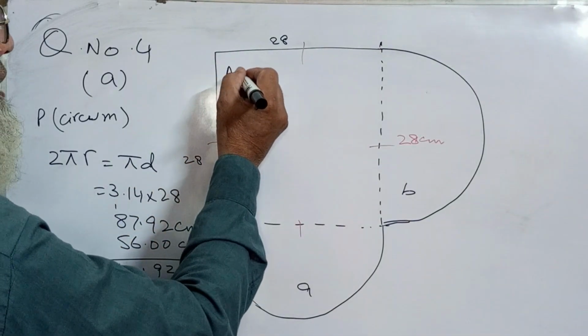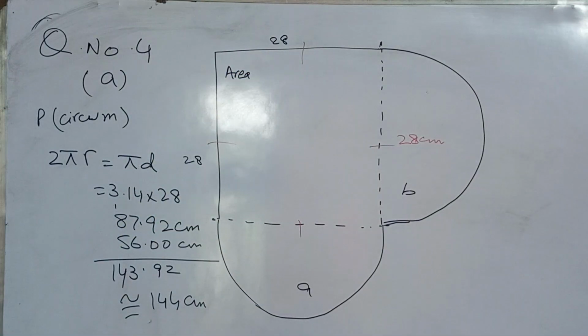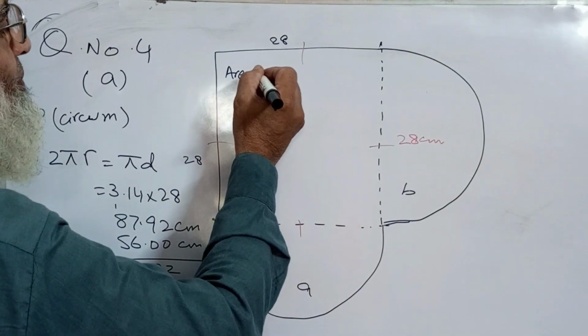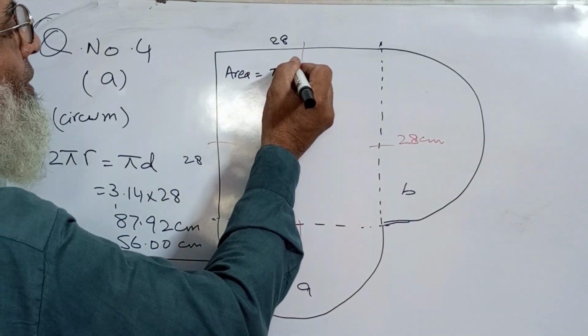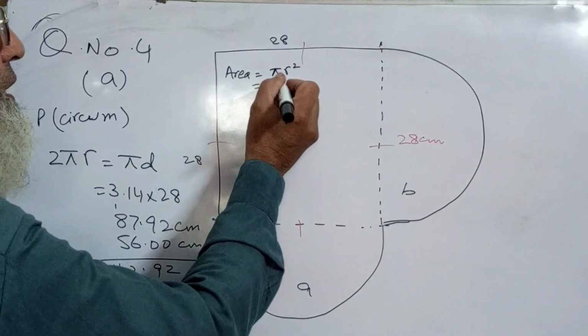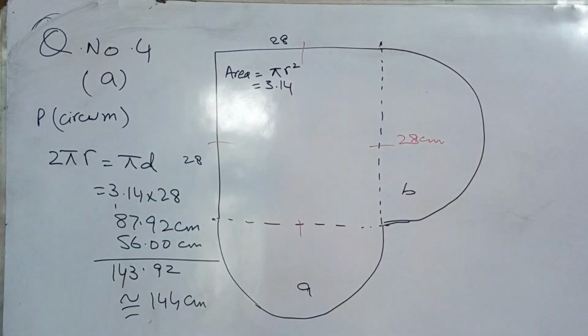Now my dear student, area. Again, we take the area of the circle first. Area of the circle is pi r square. Now what is pi? Pi is always the same wherever you take.